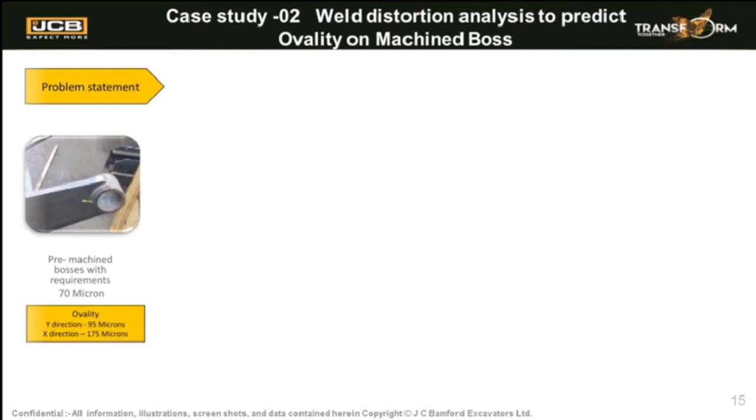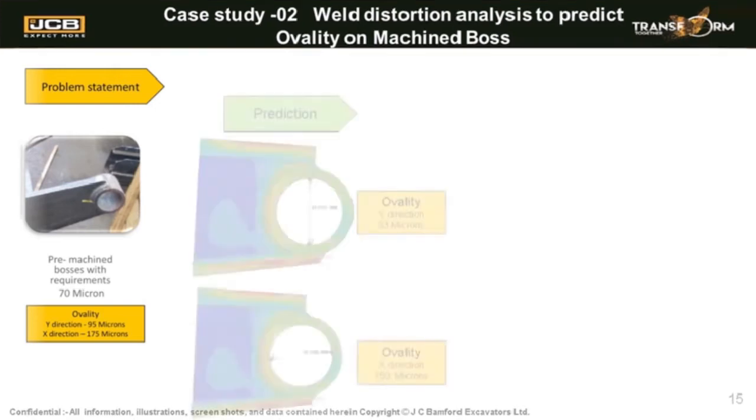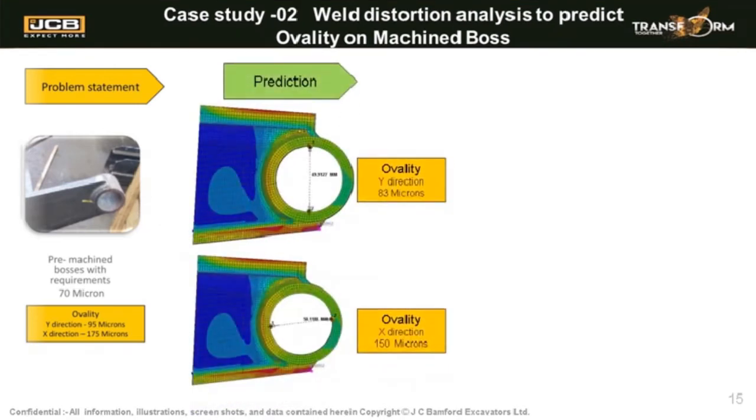Here we can see the ovality tolerance and the actual ovality achieved. Perhaps not surprising, as there is a lot of weld around the bosses, but no amount of experience would allow a welding engineer to predict the actual distortion in this case. The predictions of the as-designed model correlate very well, and the solution was found and validated in simulation.